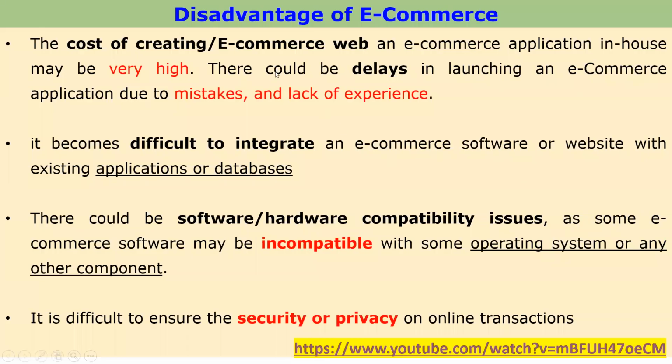Cut down the building if you wrote down building there. E-commerce website. Creating an e-commerce website is very costly. That is why it says the starting cost is very high. Right? Normally, if you want to do e-commerce transactions, the first thing is you have to build up an e-commerce website.